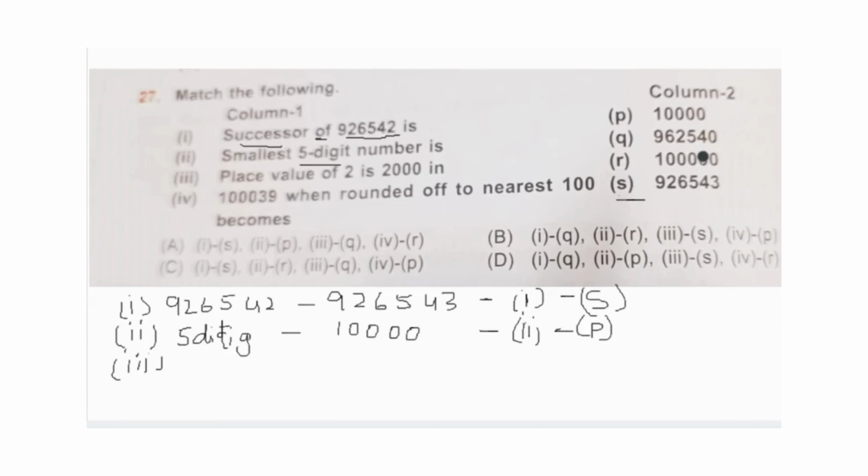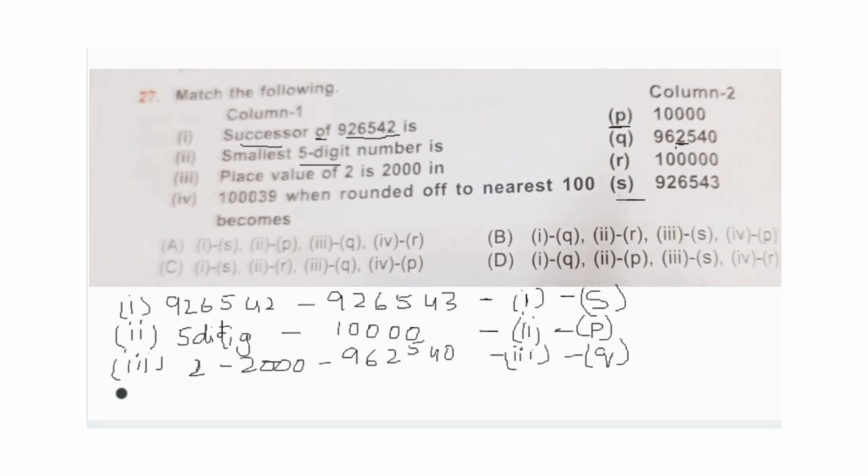So if you see, we are already done with S and P. Now we have two options, one is Q and R. And the only number that has a place value of 2 in the thousands digit place is option Q. So straight away you can map option 3, which is 2 in 2000, to 962540. So here option 3 is mapped to Q.